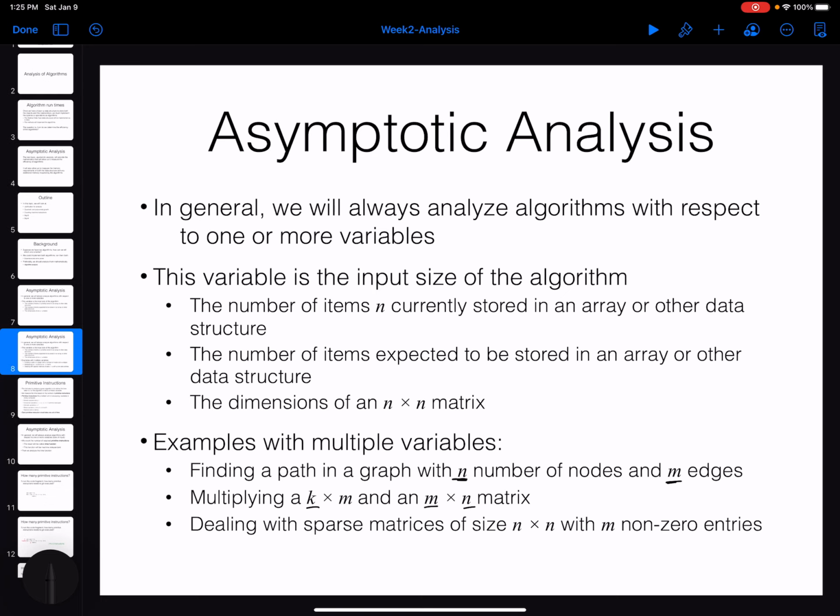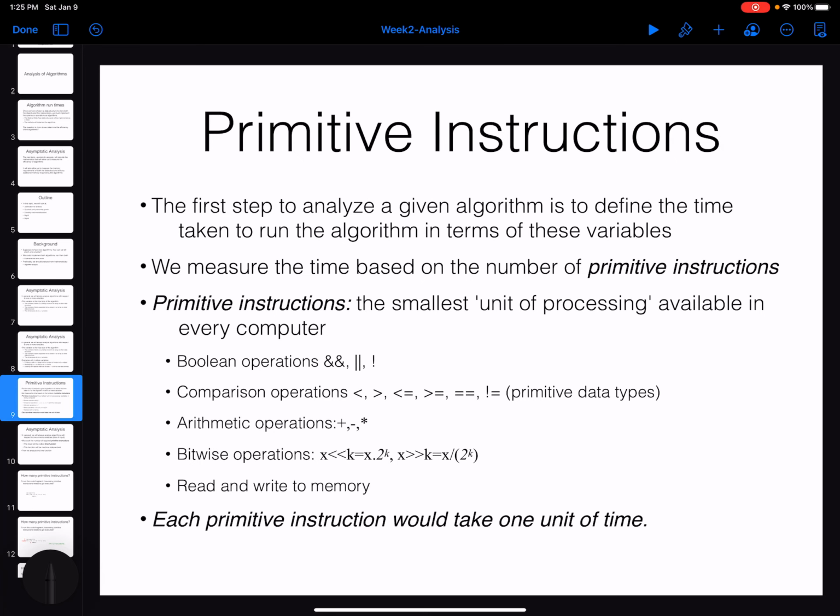I'm just trying to tell you that we analyze how much time it takes for an algorithm to be executed based on the input size. At the end, what we discuss is that if the input size is n, the time complexity would be something in terms of n, in terms of that variable.